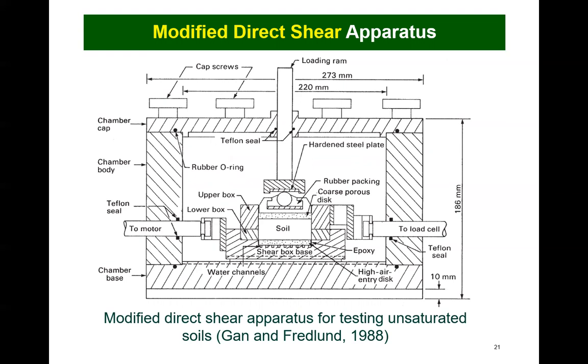The maximum matrix suction that can be applied to the unsaturated soil specimen will be controlled by the air entry value of the high air entry disk. The primary advantage associated with using a direct shear box is the reduced length of the drainage path, which results in a more rapid equalization of the applied pore pressures.